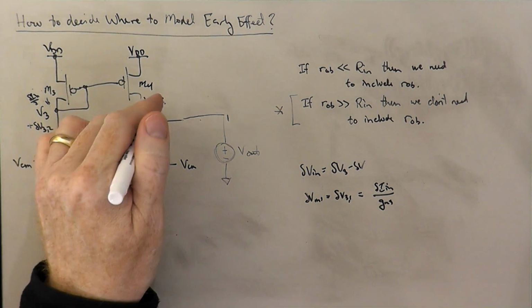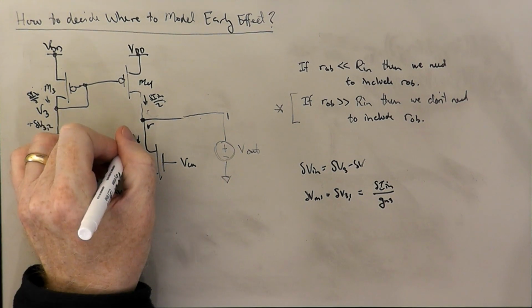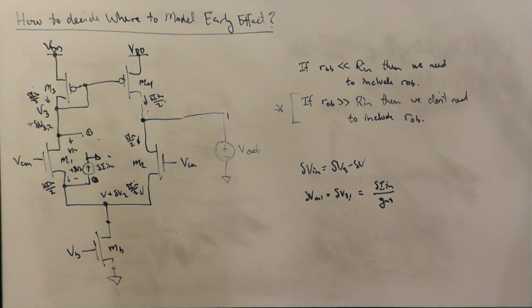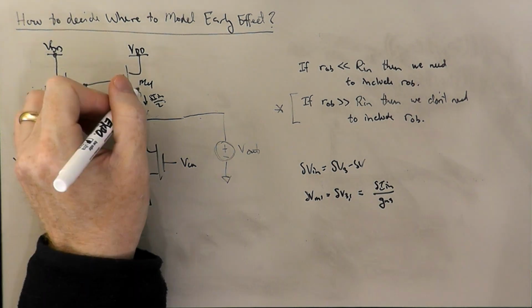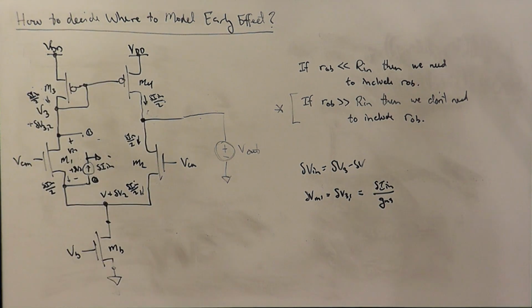And actually that delta IN over 2 will supply this delta IN over 2. And so we actually won't have to have any current from the voltage source. Okay, the net current flow out of the circuit here turns out to be 0. That's interesting.